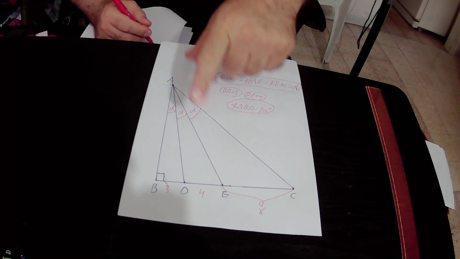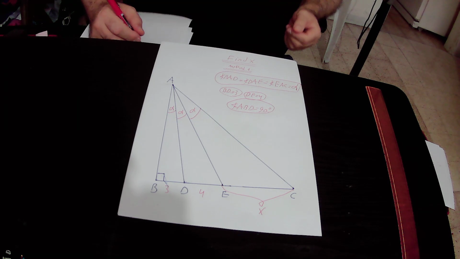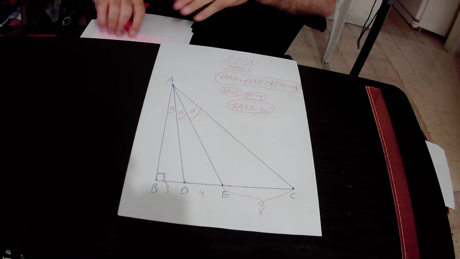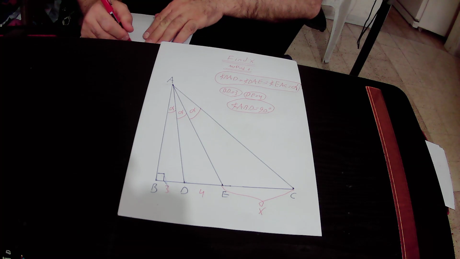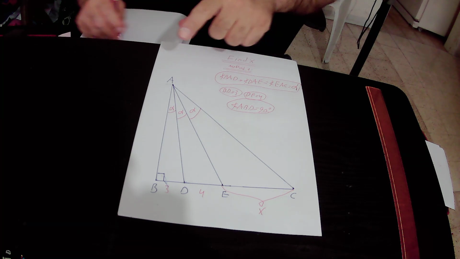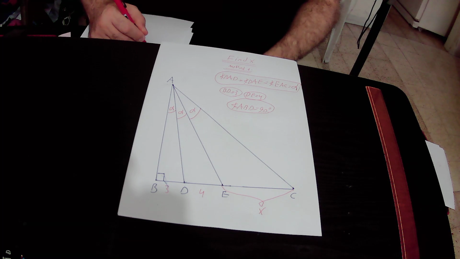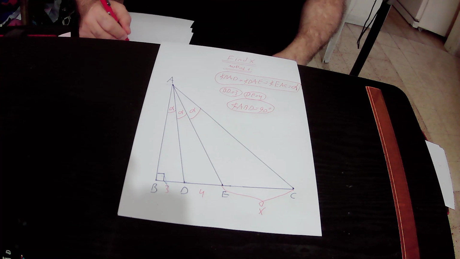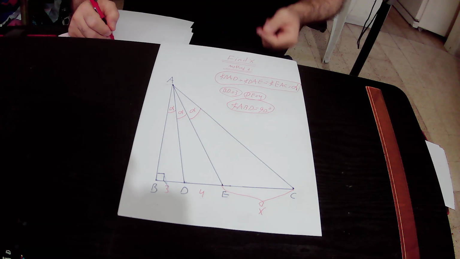That is to say, AB square plus BE square will be equal to AE square.